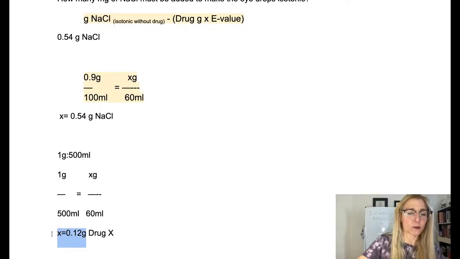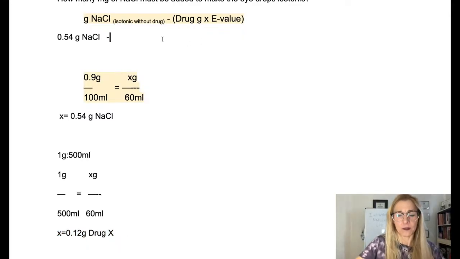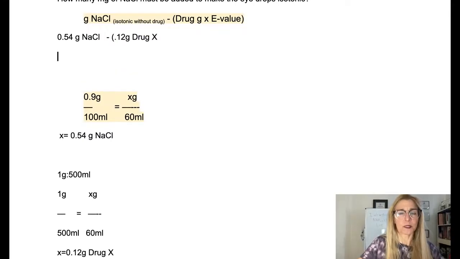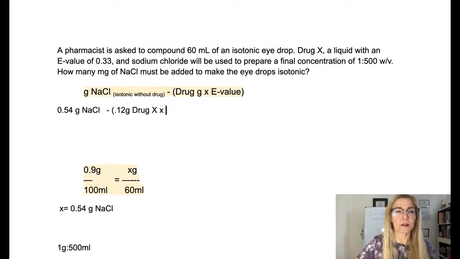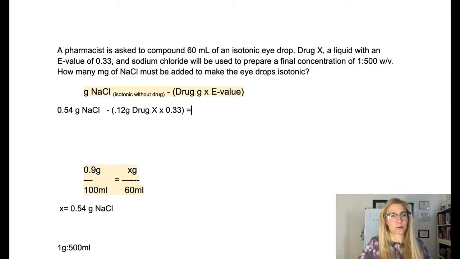I'm taking this 0.12 grams of drug X. I will copy that, put it in here, times the E value, and the E value said it was 0.33, there we go. All I have to do is put this into my calculator.